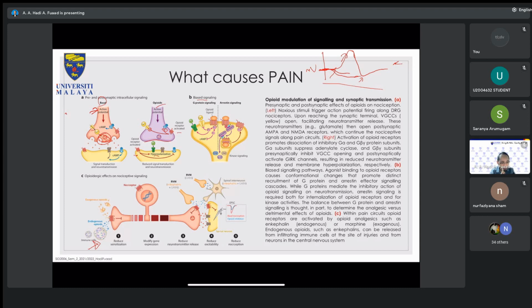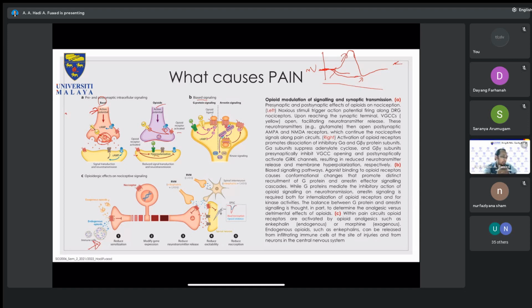Over here, the important thing is that, generally, on opioid receptors, there's no specific focus on whether it's mu, kappa, or delta. That is something for you to know, but it doesn't mean you need to memorize that delta is doing this and kappa is doing that. No, it's enough for you to understand a little bit.